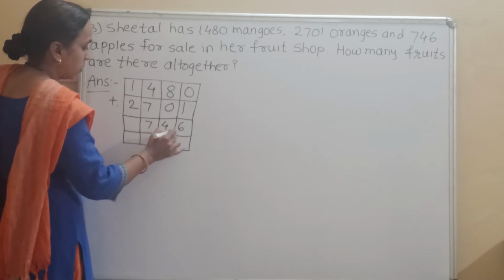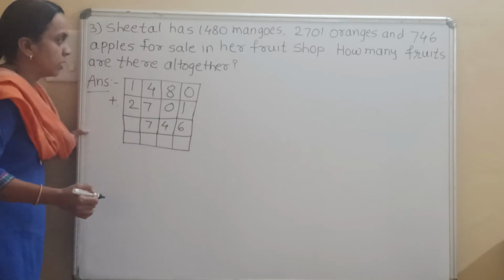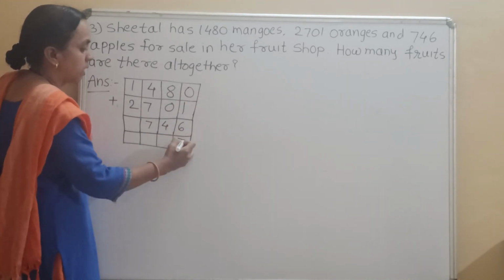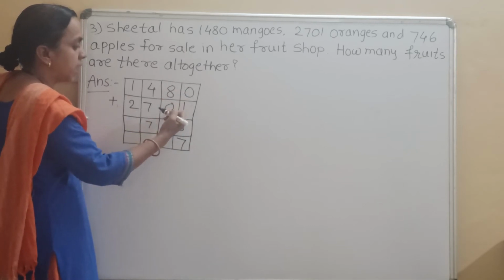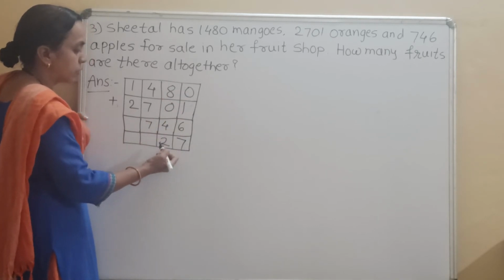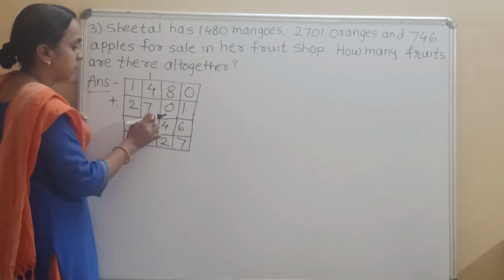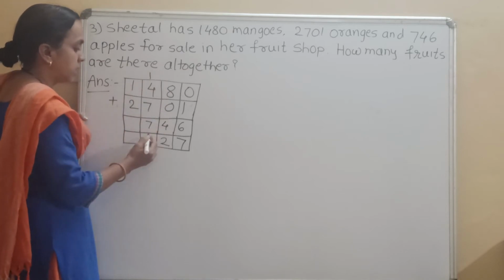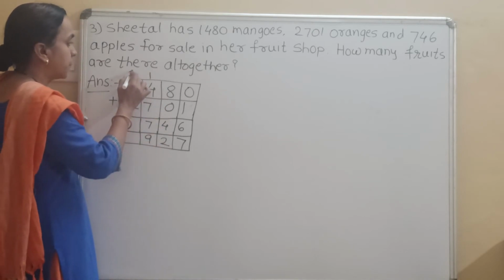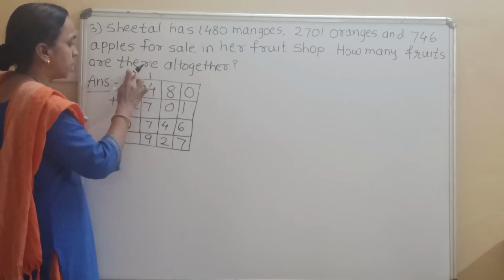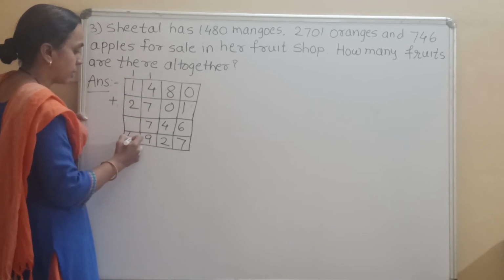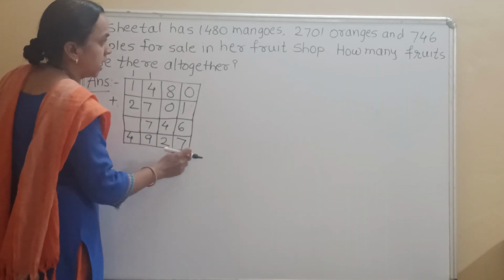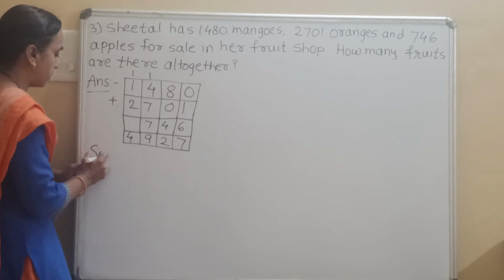So properly, one below the other, you have to write down the numbers. 6 plus 1 is 7, 7 plus 0 is 7, 8 plus 0 is 8, 8 plus 4 is 12. Write down 2 here. Carry is 1. 7 plus 7 is 14, 14 plus 4 is 18, 18 plus 1 is 19. So write down 9 here. Write down carry 1 here. 1 plus 1 is 2, 2 plus 2 is 4. So our answer is 4927.